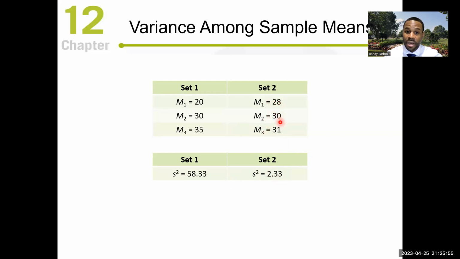You have a 2-point difference here, a 1-point difference here, and from 28 to 31, that's a 3-point difference. Again, very different. The likelihood that you're going to get a significant difference among any of those values is very, very low. When we see set one, the likelihood increases because that variance indicates the level of differences between those groups.